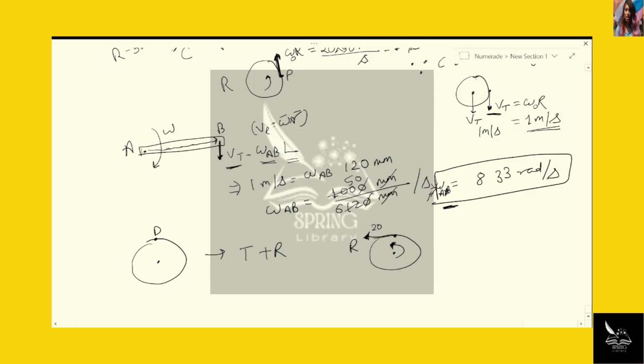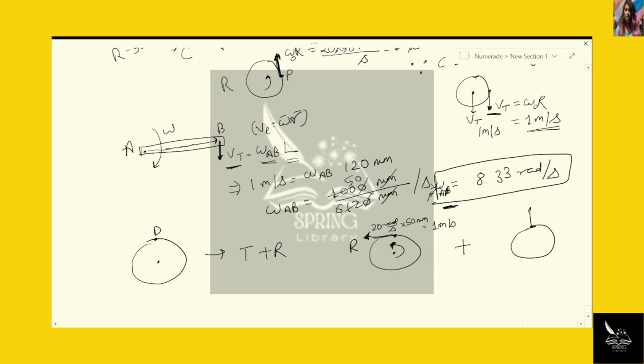So omega was 20 radians per second times 50 millimeters, so this is also going to be 1 meter per second. This is the rotational velocity, plus now we have figured out the translational velocity Vt is 1 meter per second.